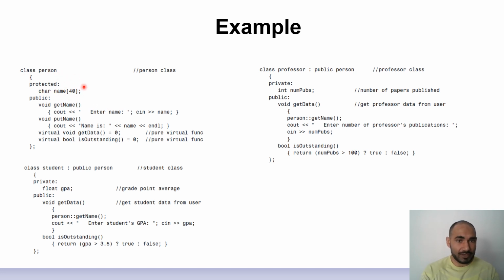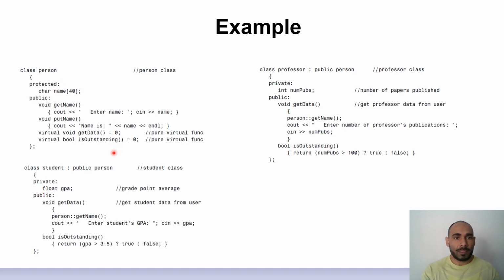Every person has a name, that's fine. Then we have some methods here. getName, when you call it on an object of this person class, would read the name into this name data member with cin. We can also have a constructor here, but this is just for demonstration purposes. putName would print the name of the person.